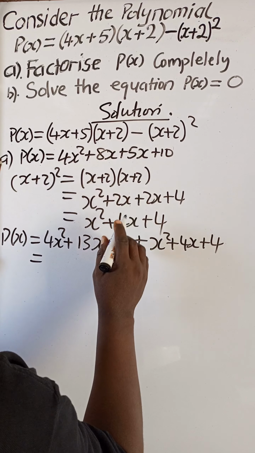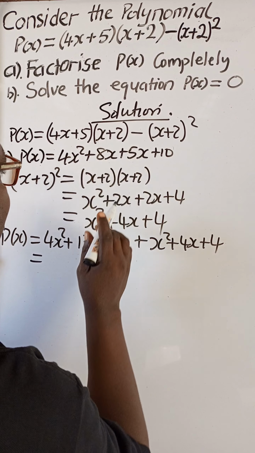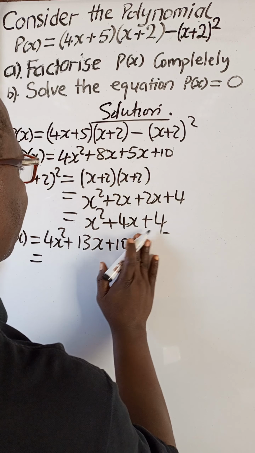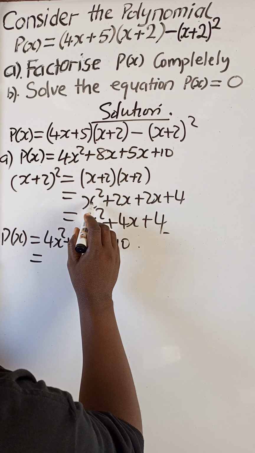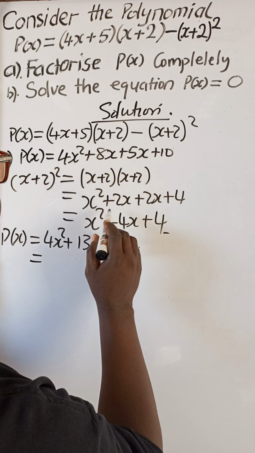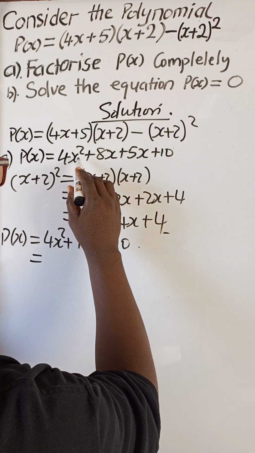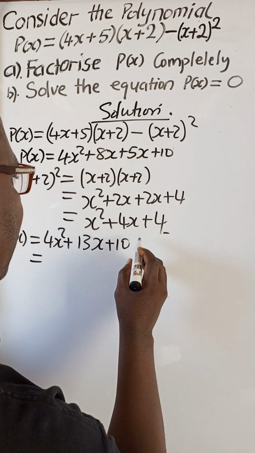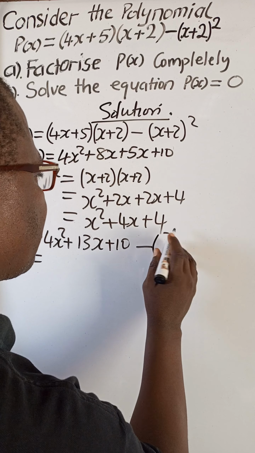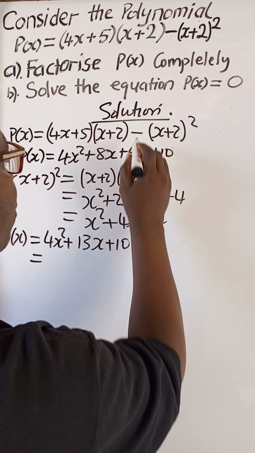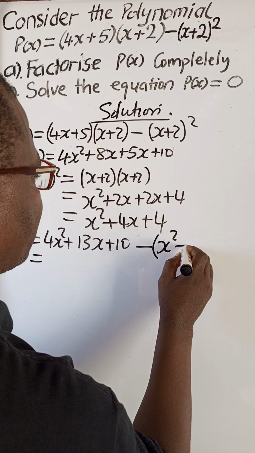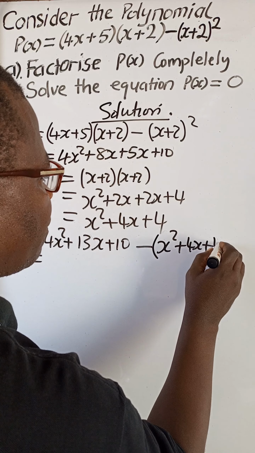Pay attention, we're not adding because here it is subtraction, sorry. So we have 4x squared plus 13x plus 10 minus this one. Here it was subtraction, please. So it is minus (x squared plus 4x plus 4).